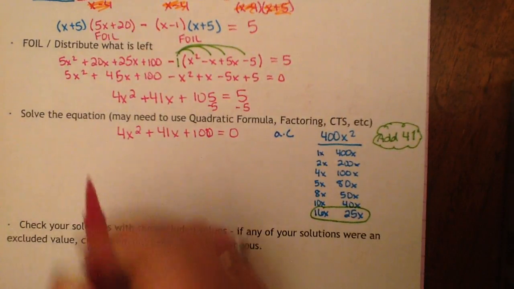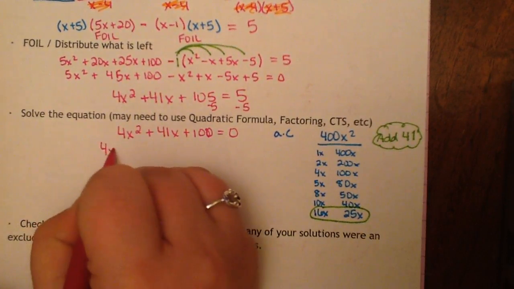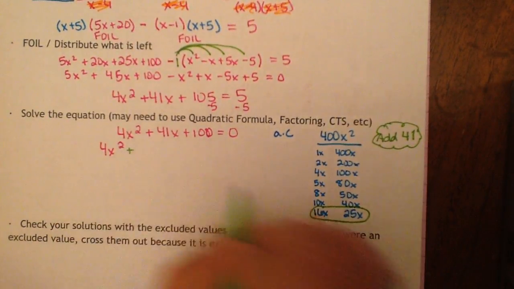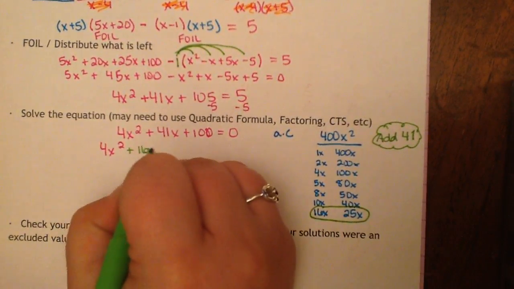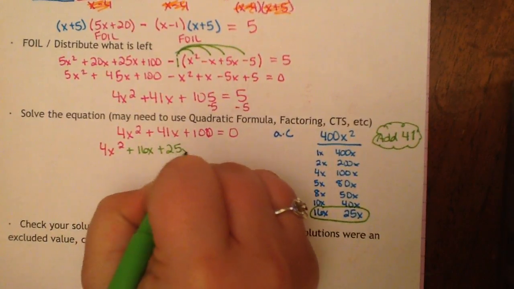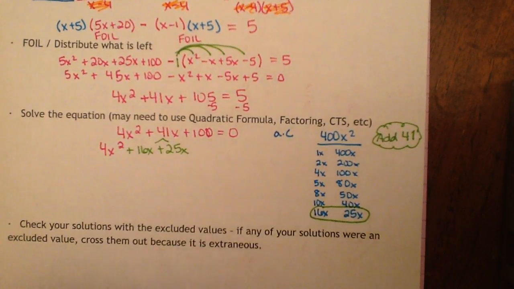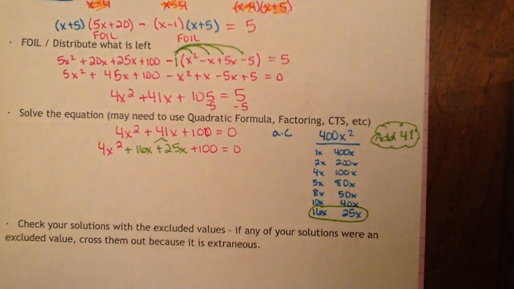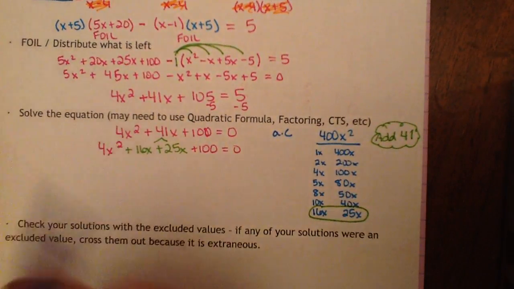So remember, you bring your 4x squared down. Then you have your 16x plus 25x replaces that 41x, plus 100 equals 0. Now we're on to grouping.